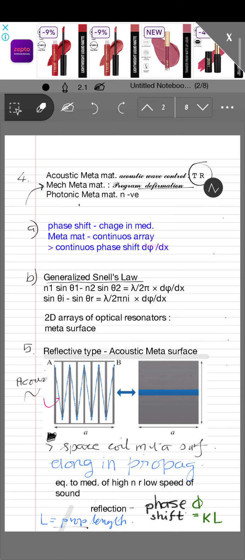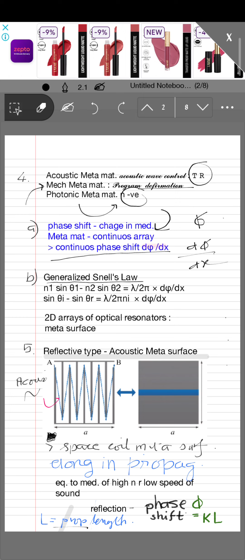And the photonic metamaterial is where we have this negative refractive index, and this negative refractive index is the phase shift. There will be a phase shift with the change in medium. Now, if we assume this acoustic material has a continuous phase shift, and we denote the phase shift by phi, the continuous phase shift will be denoted by d phi by dx.